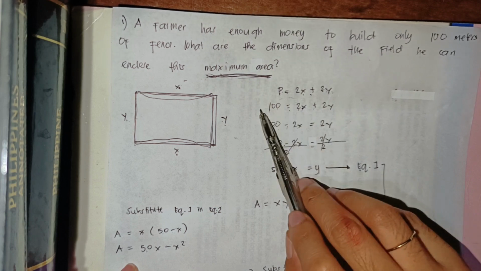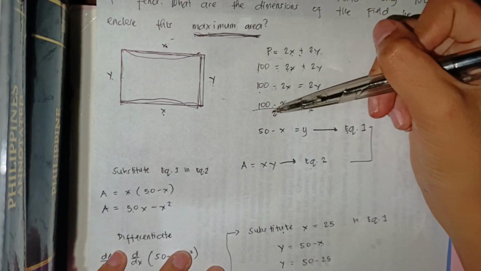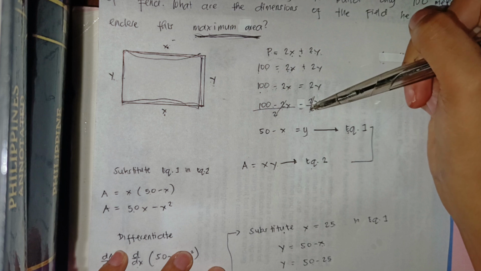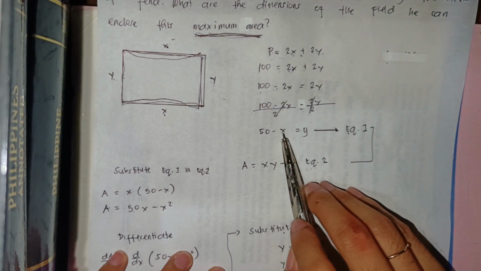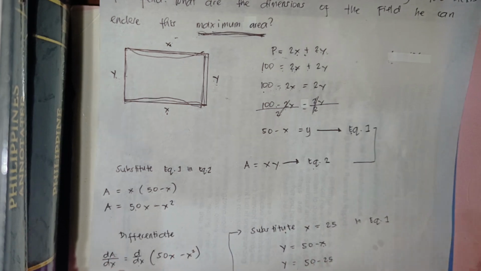Then divide both sides by 2 to cancel out the 2 here and here. So, mao na siya 50 minus x is equal to y. So, mao na siya ang first equation.